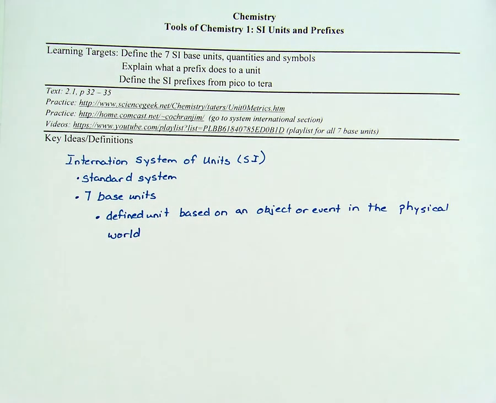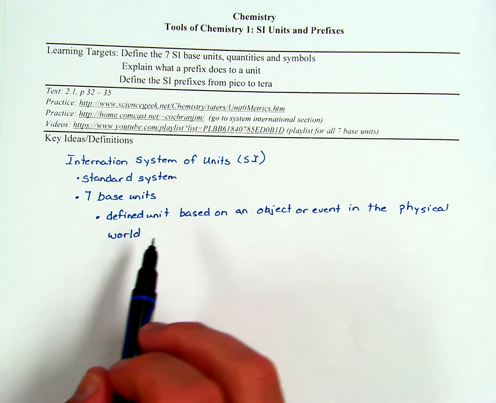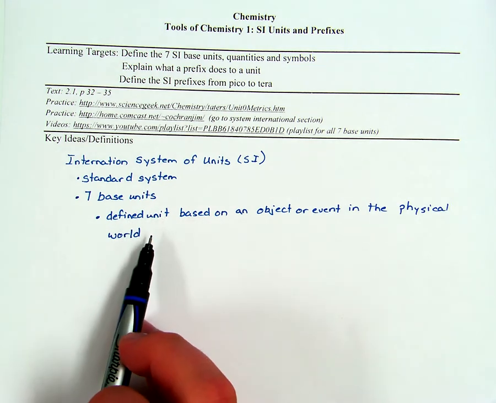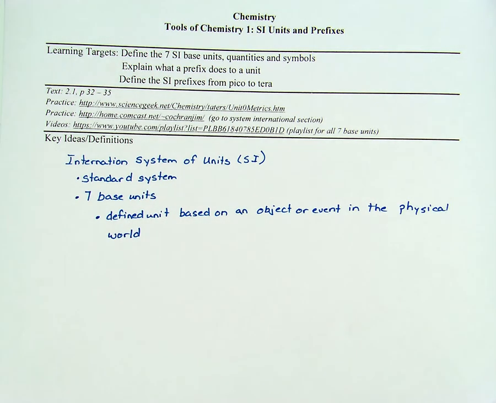So these 7 base units, which we'll throw up here real quick in a table, are all defined. In other words, we know the value of the base units based on something that exists or happens in our world. And that is what all the other units come from.